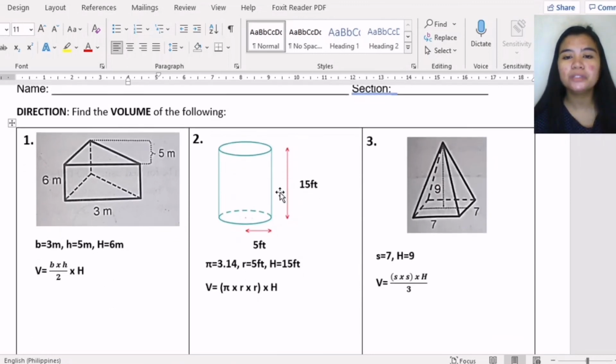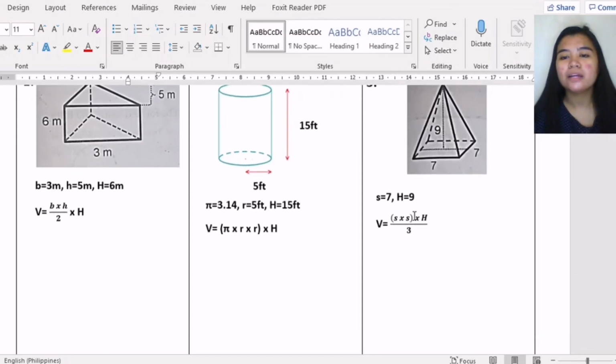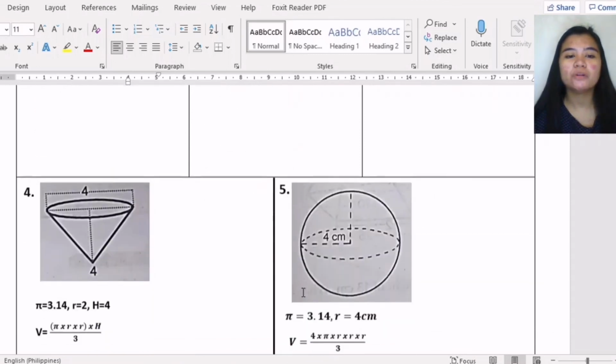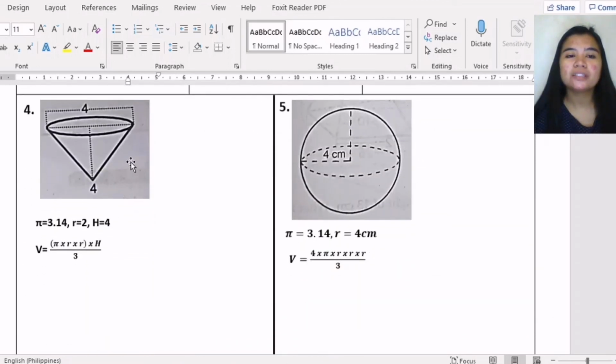And then for number 2, cylinder, nandyan na yung given. And then the formula. For number 3, that is square pyramid, again, nandyan na yung given. And then the formula. For number 4, that is cone, nandyan yung given, nandyan yung formula. And then for number 5, sphere, nandyan yung given, and then just substitute it to its formula.